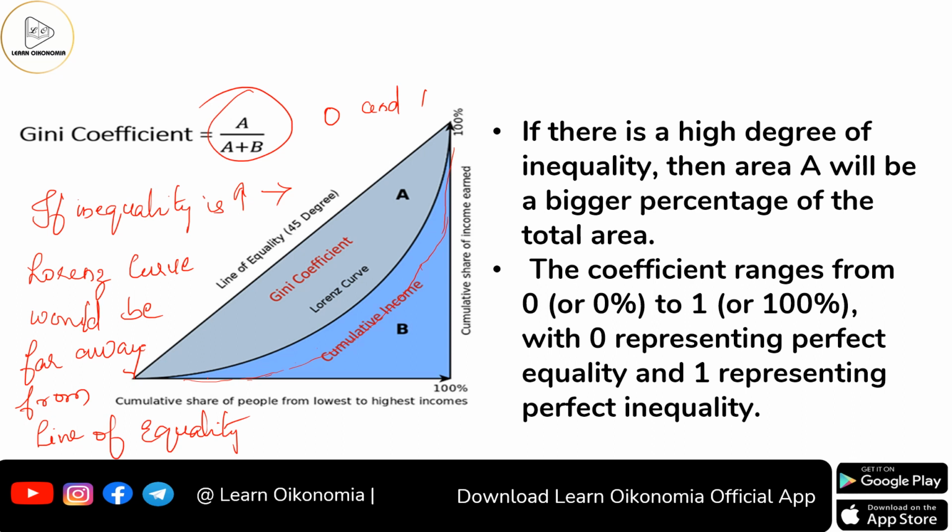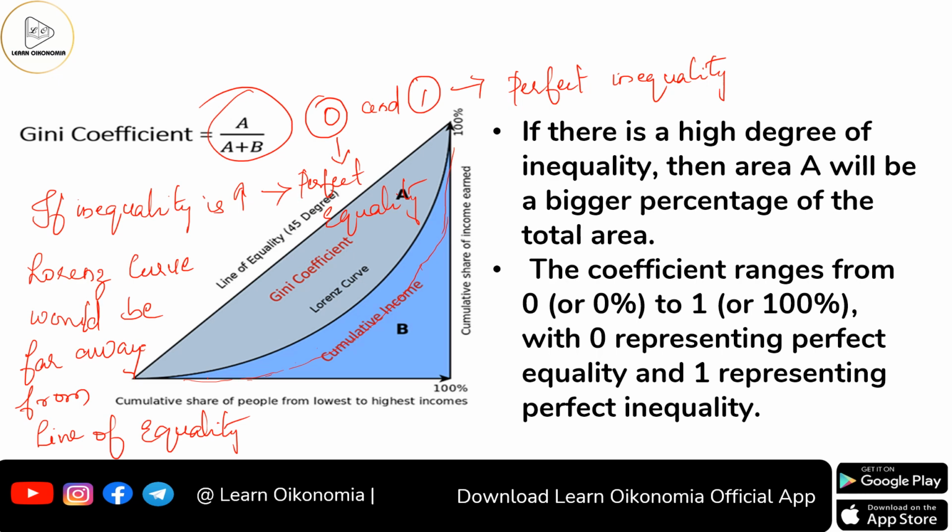So Gini coefficient value 0 means perfect equality. And what about 1? 1 is a value that indicates perfect inequality.